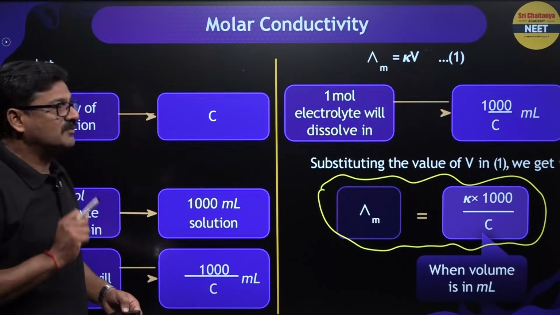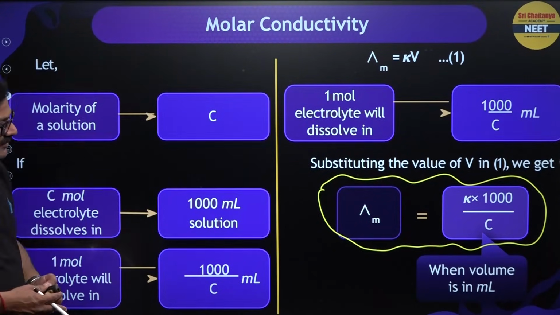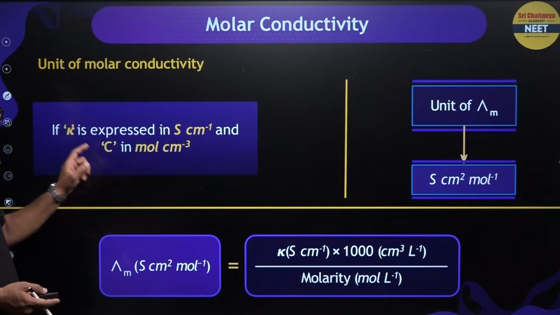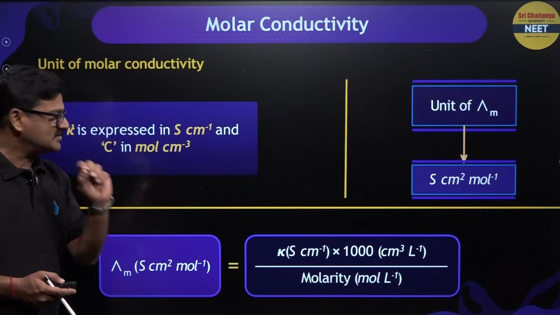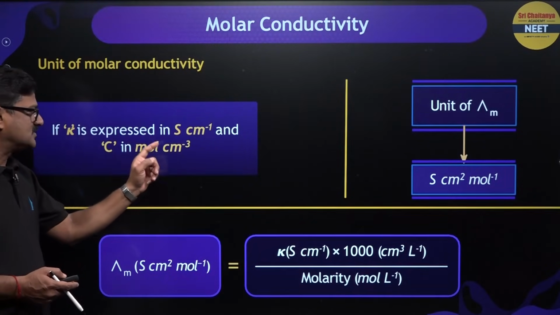Coming to the molar conductivity here, you have various versions to calculate this. K is expressed in Siemens centimeter inverse and C is in mole per centimeter cube.